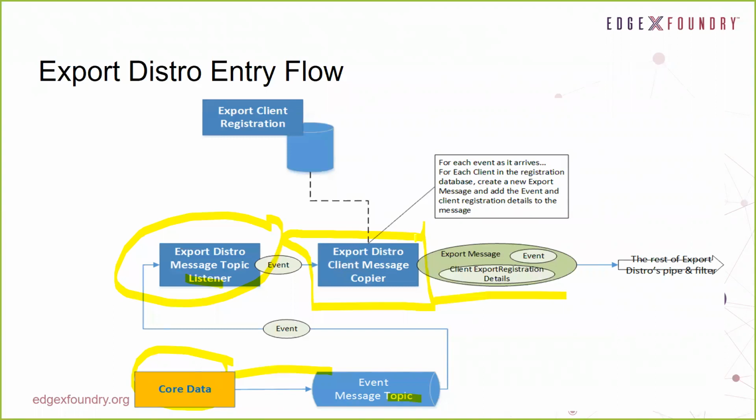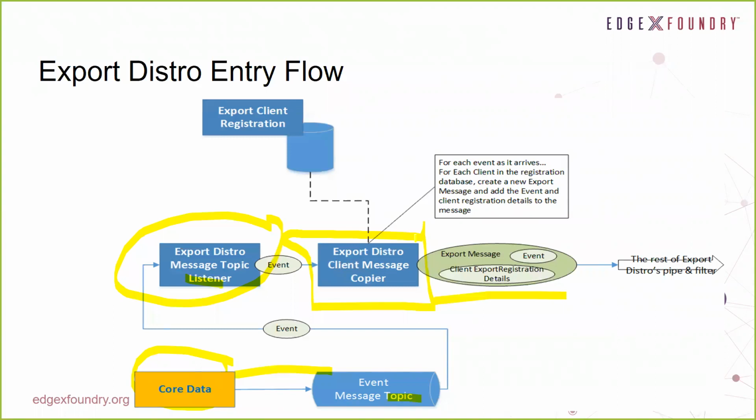If I did everything that everybody wanted, that could be a lot of messages. So one thing we have to be concerned about a little bit with the export distribution service is, depending on the number of clients you have registering for this particular data, this system could get overwhelmed pretty quickly just in trying to satisfy all those needs. It is an edge system running at the device sensor location.